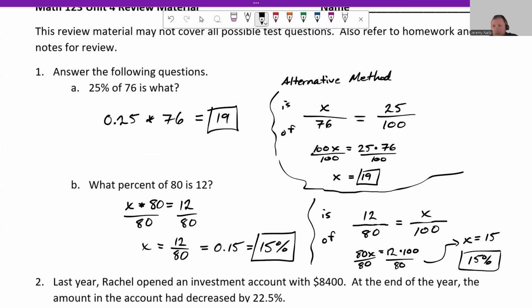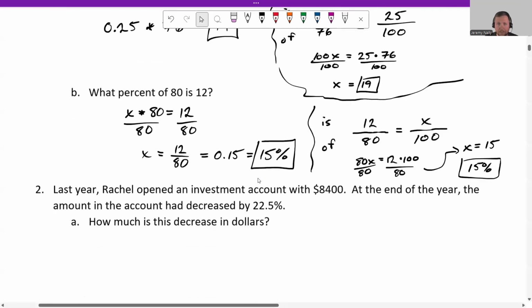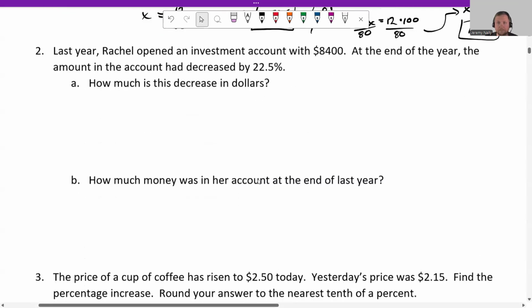When we're doing it with the proportion method, all of the percentages, we're actually dealing with the percentage number, and then we just have to slap a percent symbol on it. Okay, I've said all I should probably say for that one.